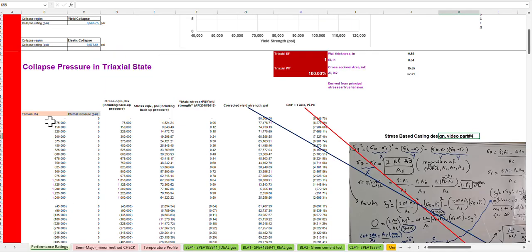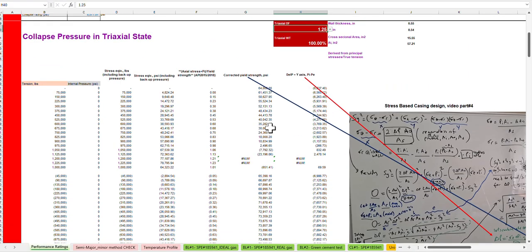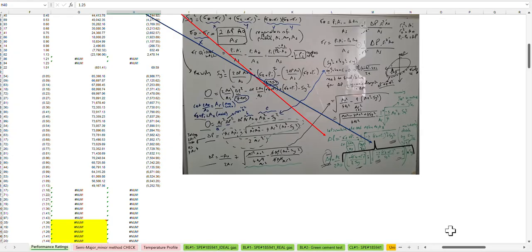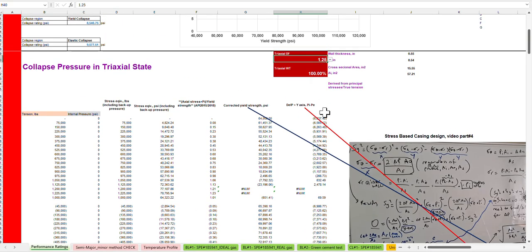So I have a bunch of tension values over here on this column, and then I have the corresponding differential pressure calculated on this column. So here, this is one of the additions that I have put. I could calculate with a different design factor, and then let's see, for example, these numbers. Why does it give no number here? Because of course when you change the limit, the numbers that are meaningful in this square root are changing.